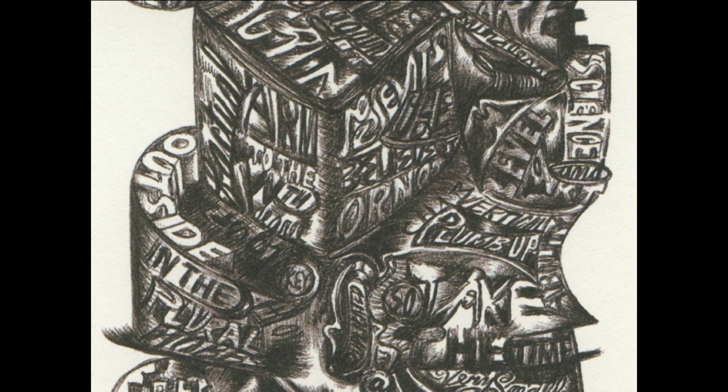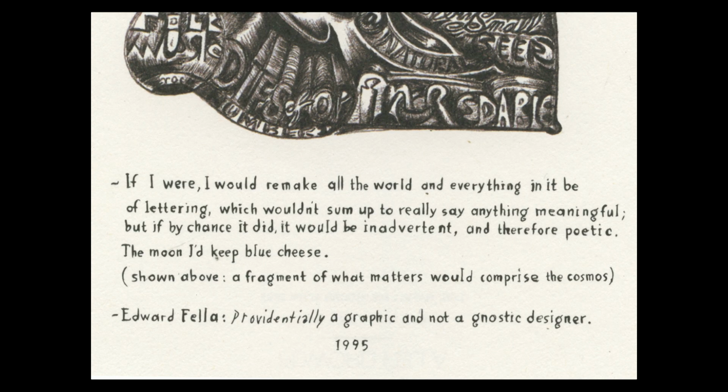Rick Valicenti did a project years ago for Gilbert Paper where he asked designers, how would you remake the world? This was my contribution to his project. It says, if I were, I would remake all the world and everything in it be of lettering, which wouldn't sum up to really say anything meaningful, but if by chance it did, it would be inadvertent and therefore poetic.